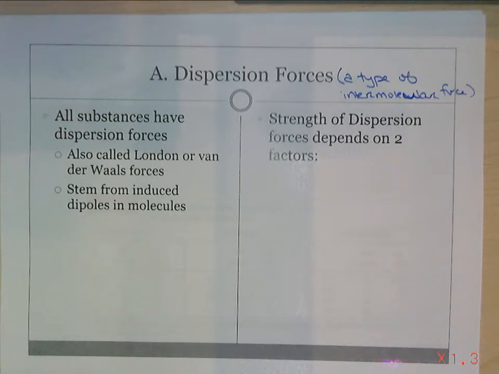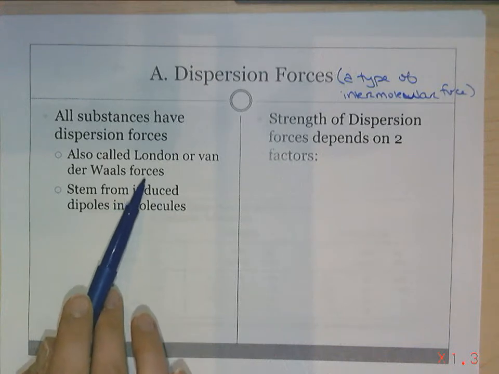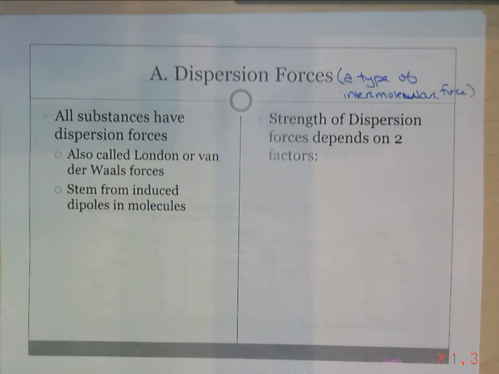Depending on what textbook you're using, sometimes they're called dispersion forces, sometimes London forces, sometimes van der Waals forces. It's all the same sort of interaction going on.